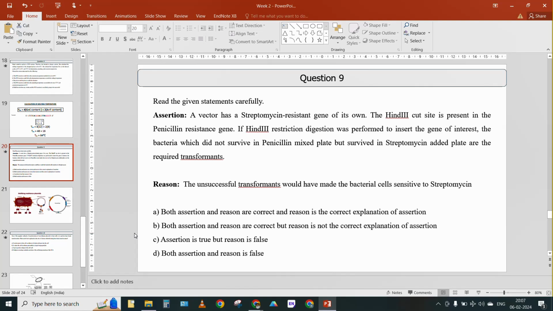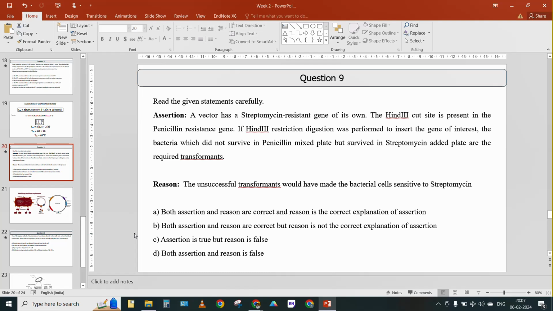Second, the gene of interest is then inserted into the gap created by HindIII digestion, so this insertion disrupts the penicillin resistant gene. The third statement supporting this assertion is the plating on penicillin and streptomycin plates. The bacteria transformed with the vector containing the disrupted penicillin resistant gene will not survive on plates containing penicillin.